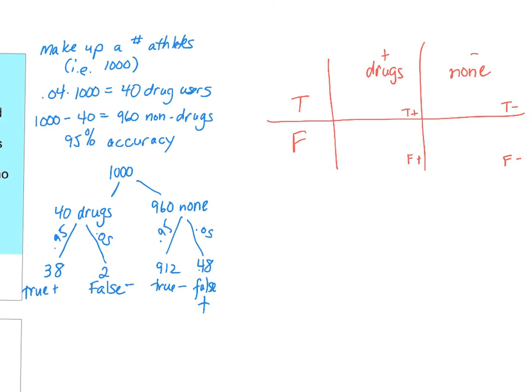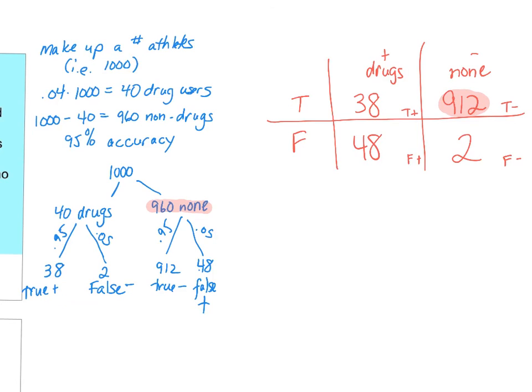So filling in our chart on the true positives, false positives, true negatives, false negatives, we have our 40 who actually do drugs, whether they got caught as a true positive or they got away with it, saying it was false, but it's a negative result, false meaning negative, so a false negative. They do the drugs. And then we have our 960 who don't do drugs.